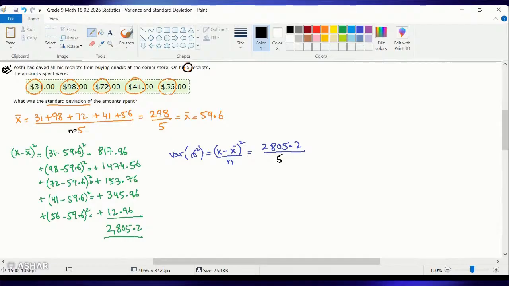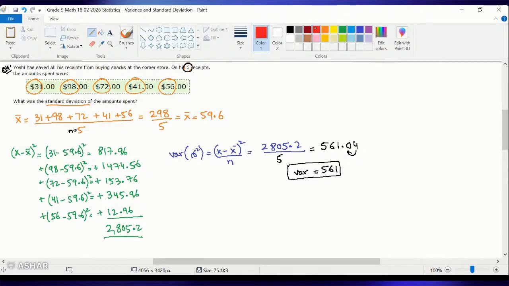Divided by 5, it comes out to be 561.04. This does not round up, it rounds down. That means the variance comes out to be 561.